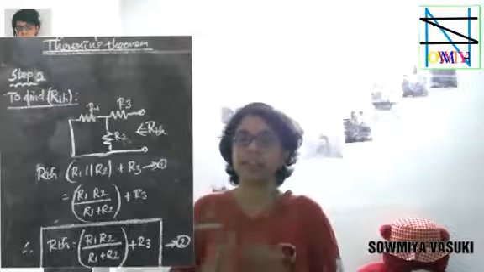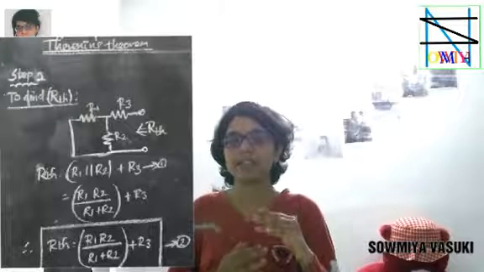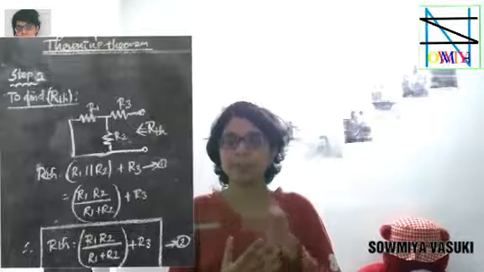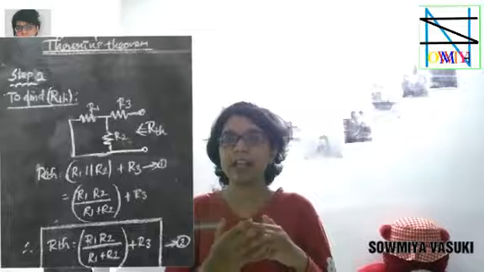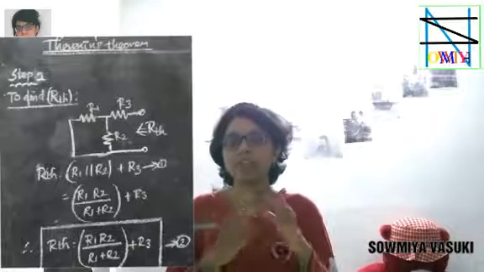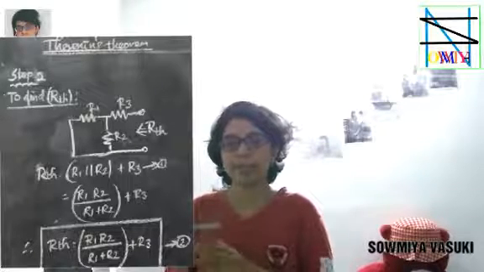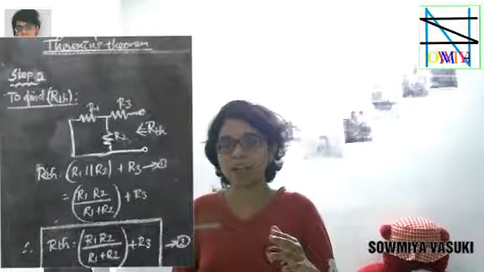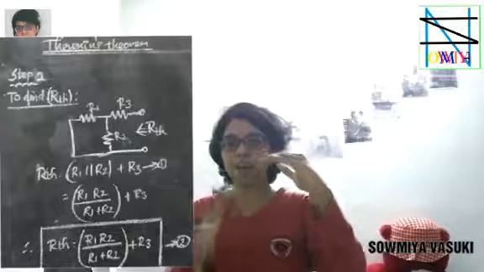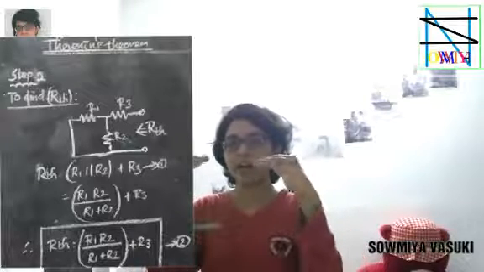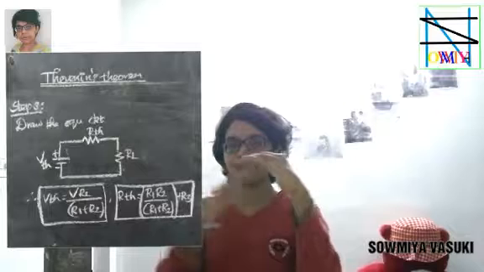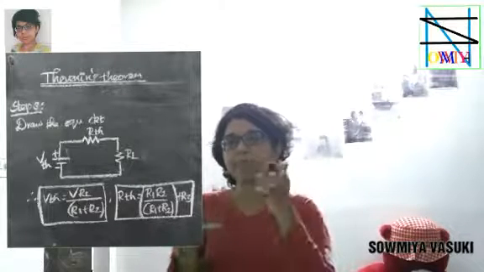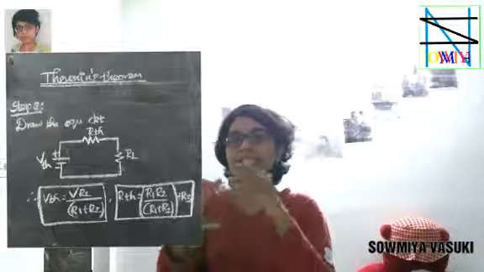The third step is to draw the equivalent circuit. We replace the network with the Thevenin voltage source and R Thevenin. R1 and R3 are connected in series and R1 is parallel to R2. This loop is replaced by R Thevenin.